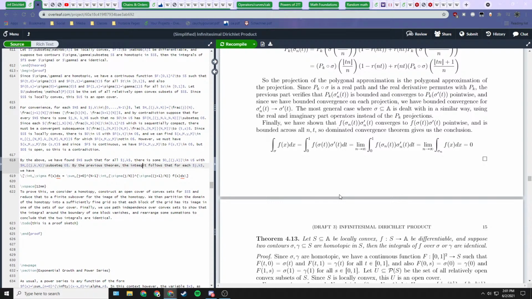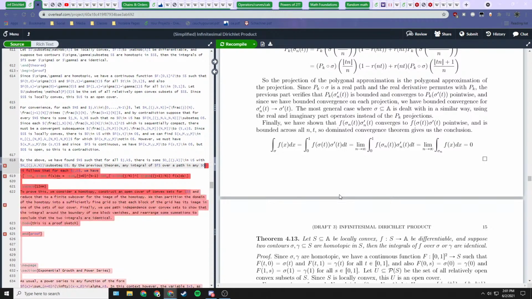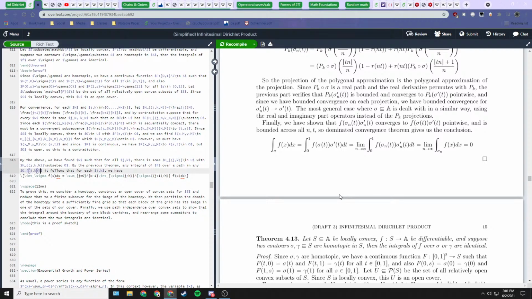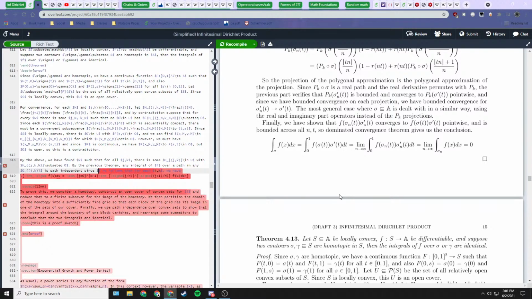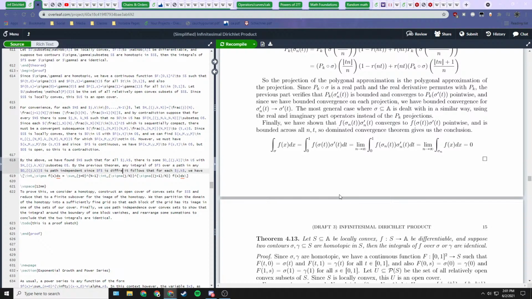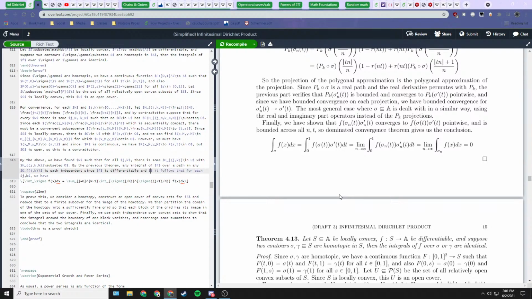any integral of f over a path in any O_jk, so any of these convex open sets, is path independent, since f is differentiable and O_jk is convex.